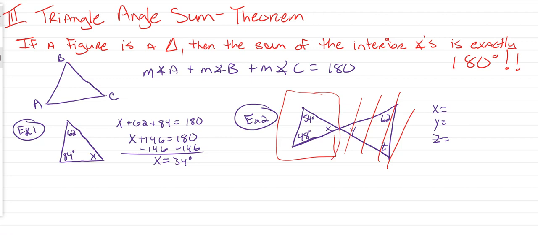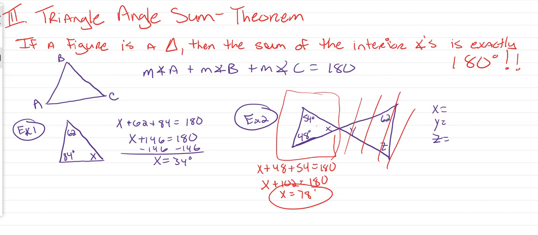So if I focus on this small triangle, again, totally ignoring the other side, I'm doing x plus 48 plus 54 equals 180. So 48 plus 54 is 102. So x plus 102 equals 180, and I end up with x equals 78 degrees.